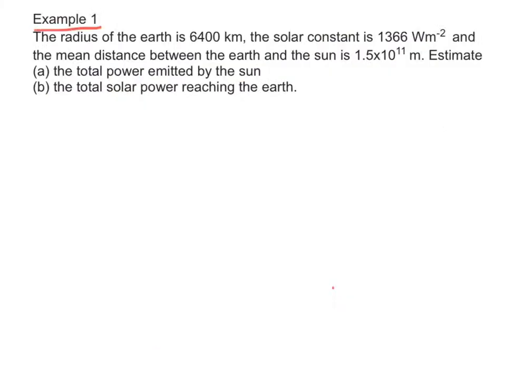Example 1. Part A. The mean distance between the Earth and the Sun, R, equal to 1.5 times 10 to the power 11 meter.